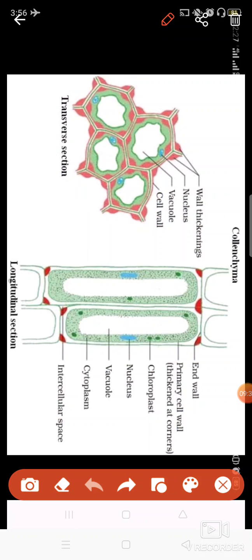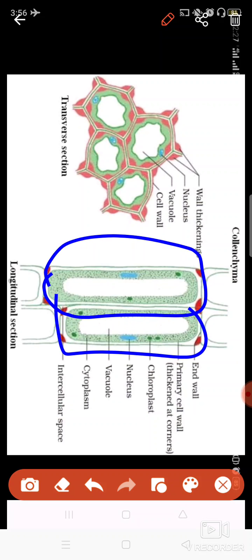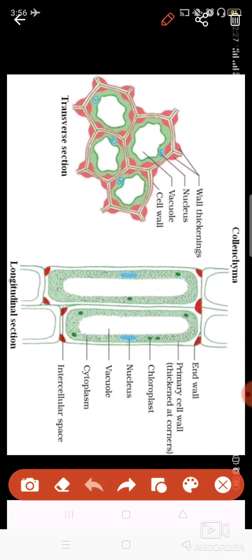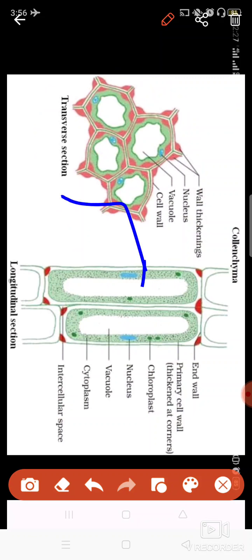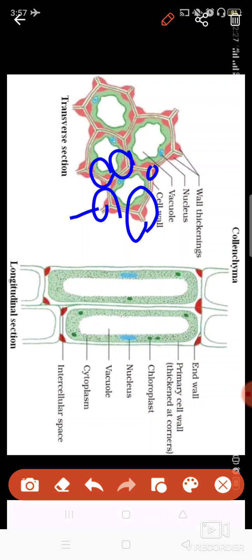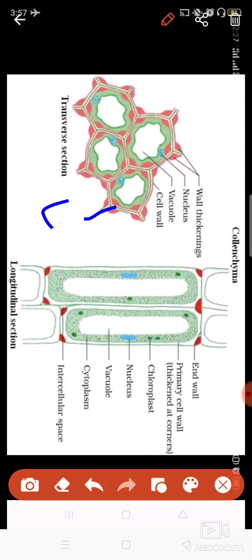If you cut it in longitudinal section, these cells are long, and if you cut it in transverse section, you will see that these cells are polygonal or hexagonal in structure. They have a vacuole, they have a nucleus, and here in these corners they have extra deposition of a substance which is known as pectin.